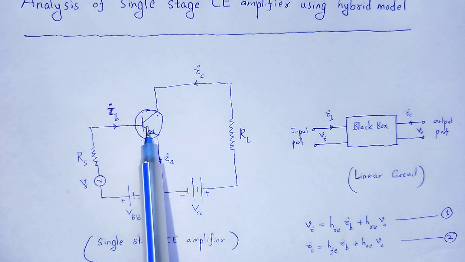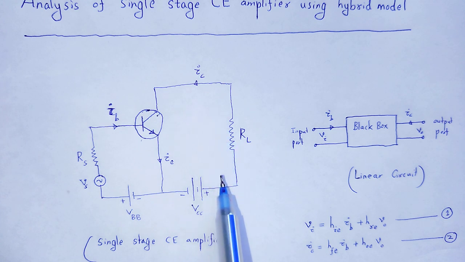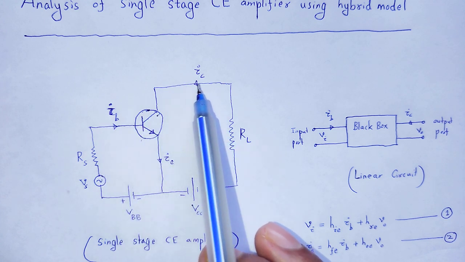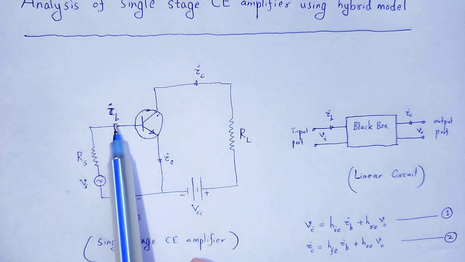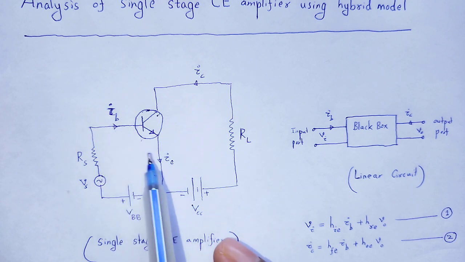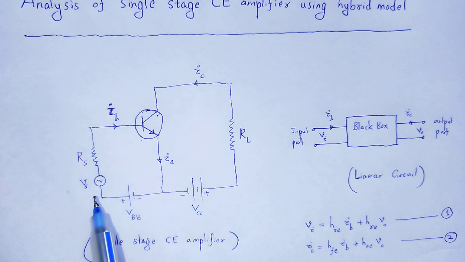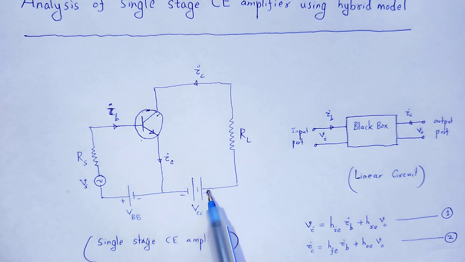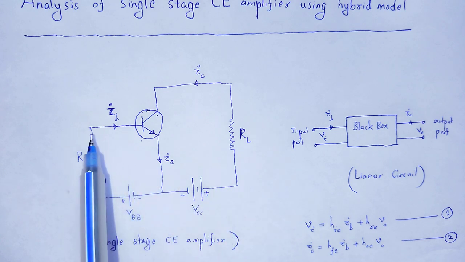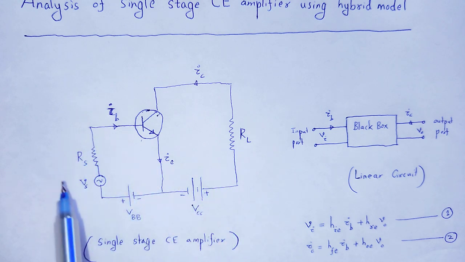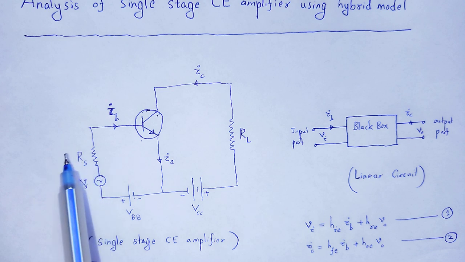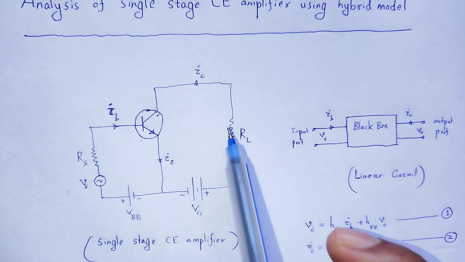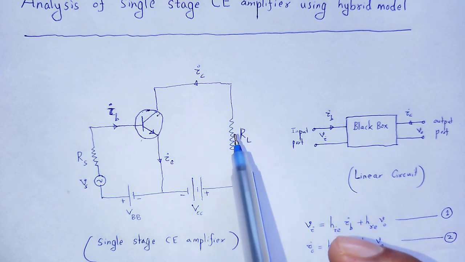It has common emitter configuration, with base current, collector current, emitter current. Emitter base junction is forward biased, collector base junction is reverse biased. We use a source voltage with a source resistance. At output a load resistor is used.